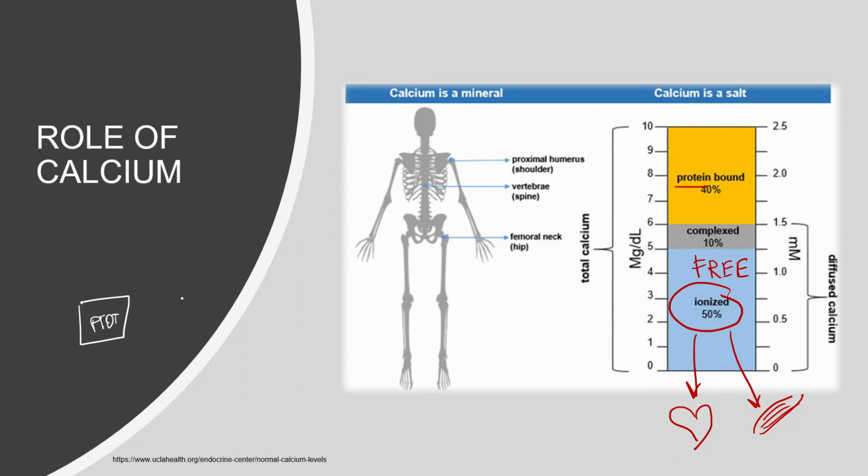Let's think about it like that. Proteins are working as a buffer, which means that they take up the hydrogen ions when needed. But in order to do so, they need to increase their capacity to bind hydrogens. And in order to do so, they need to release calcium back to plasma. So let's think about it like that.